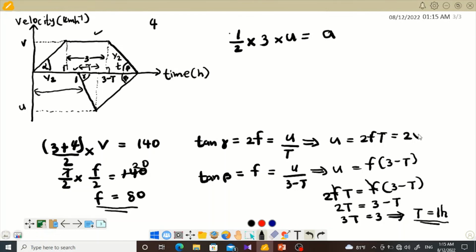Two times, we get the value for f as 80 and T as 1, which gives us 2 into 80, which means 160. I am going to substitute it here. Half into 3 into 160. I can divide 160 by 2, which gives 80, and 80 into 3 is 240 kilometers.